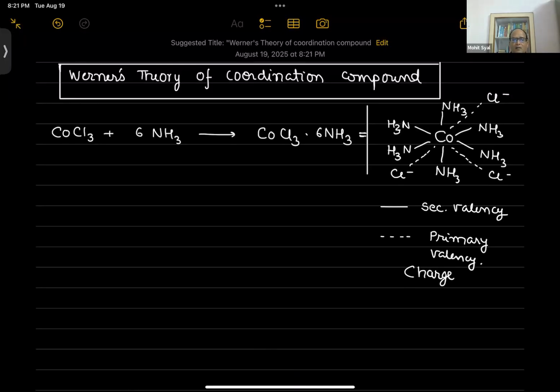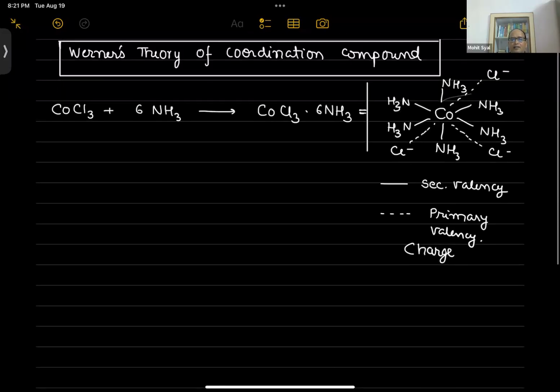The primary valency corresponds to the charge of the metal ion. Is it clear? So all of you can know in the present-day context what it means. This is secondary valency.